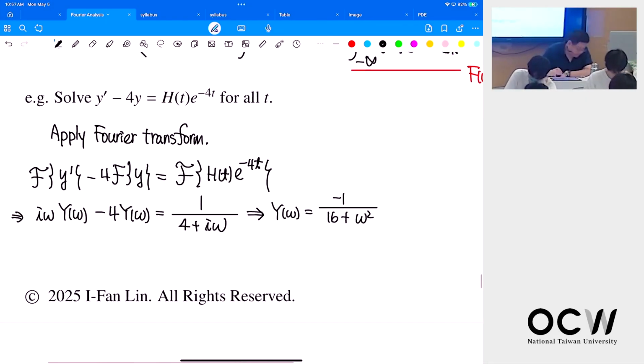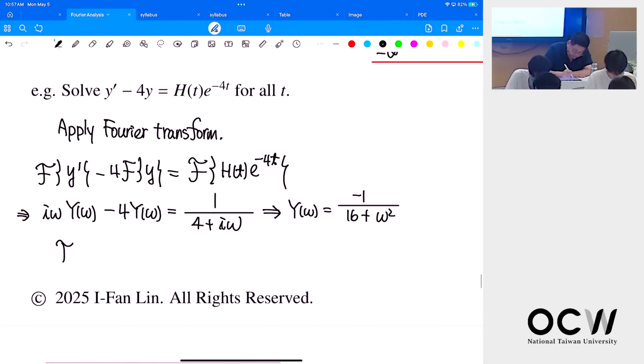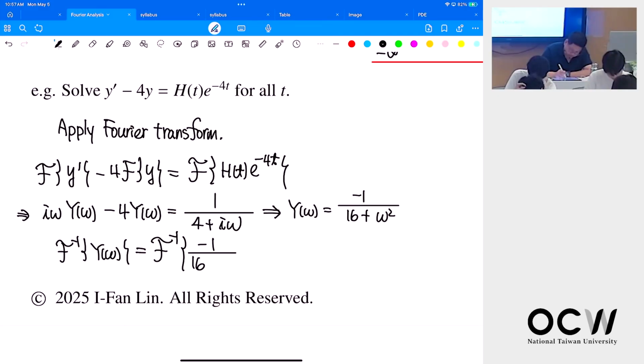Then we can take the inverse Fourier transform to get our answer, y of t. So inverse Fourier transform of minus 1 divided by 16 plus omega squared.